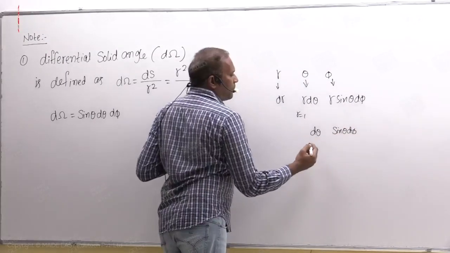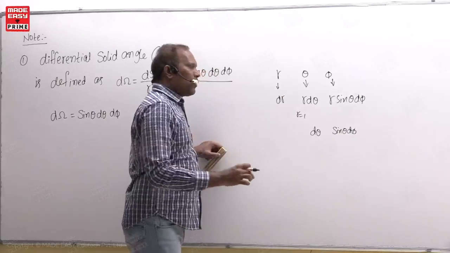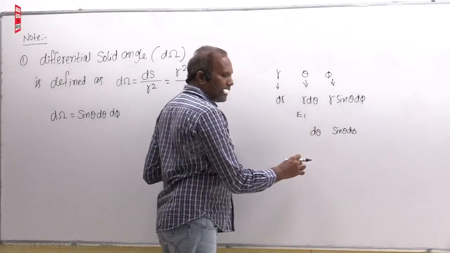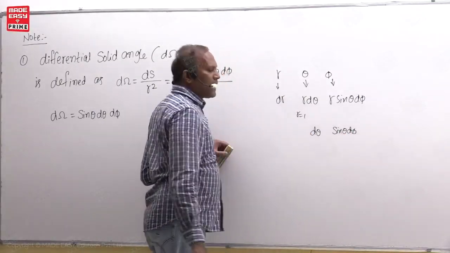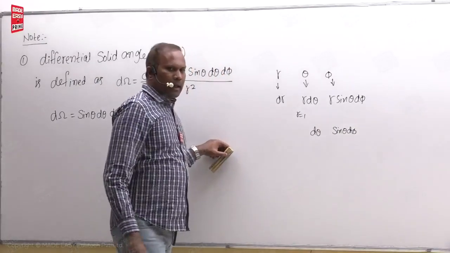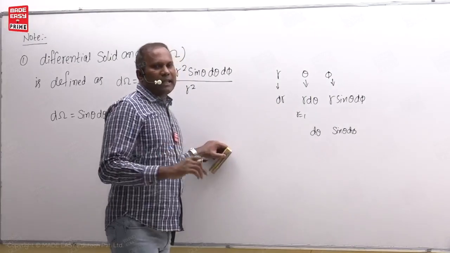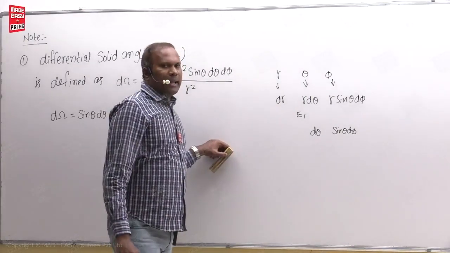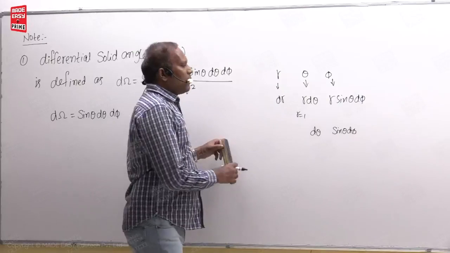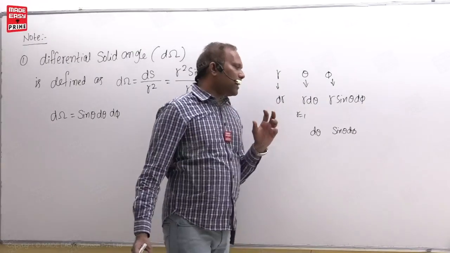You multiply them: this is a differential vertical angle in radians multiplied with a differential horizontal angle in radians. Radian multiplied with radian is radian square, that is also called a steradian. The symbol is SR.